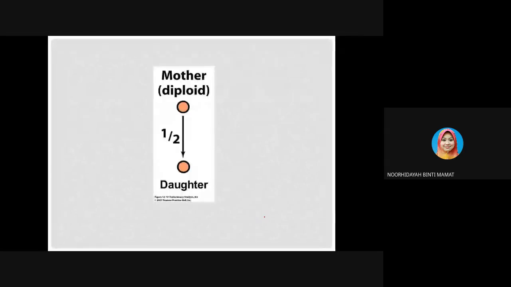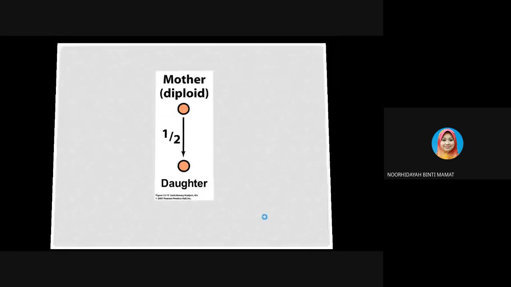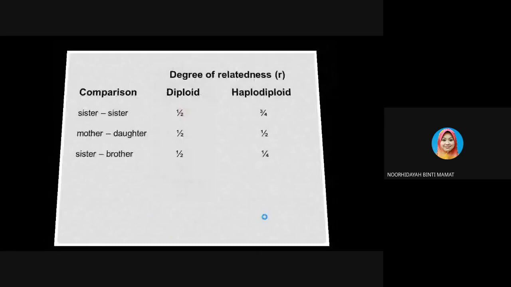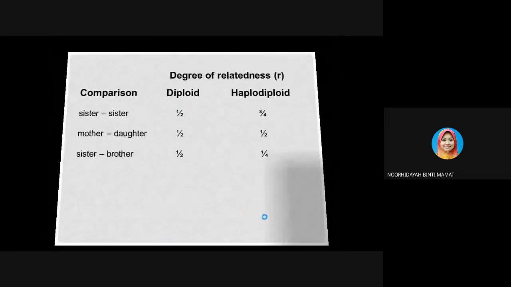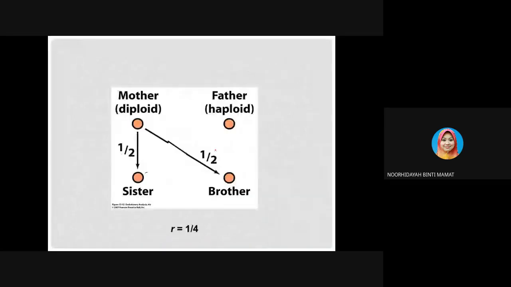For sister-brother relations, diploid is half, but in the haplodiploid system they only share a quarter relatedness, because the brother only receives genes from the mother.